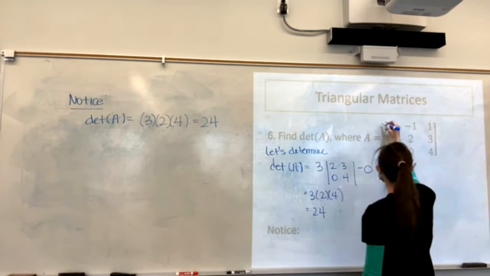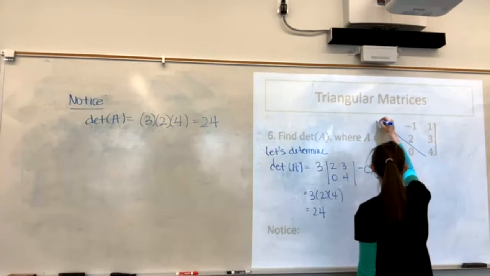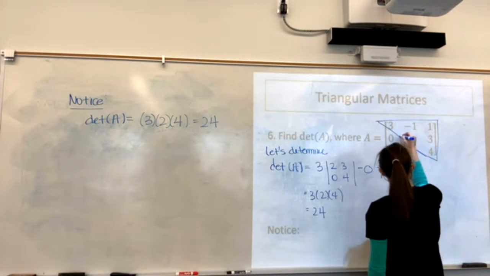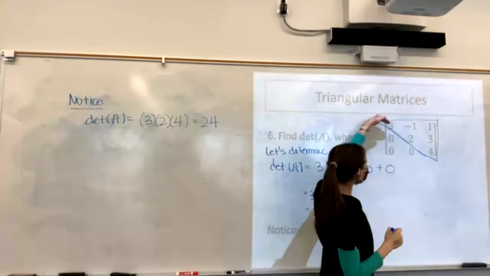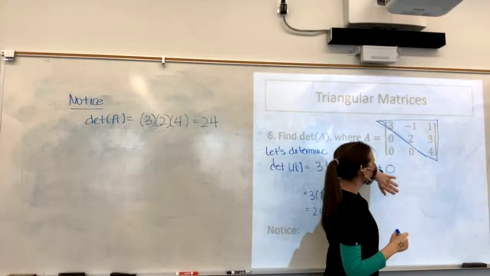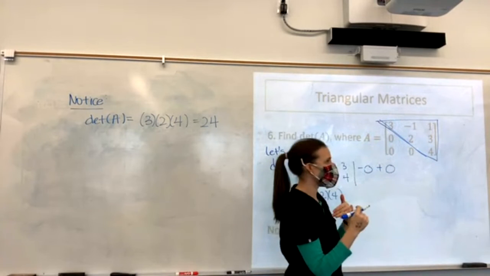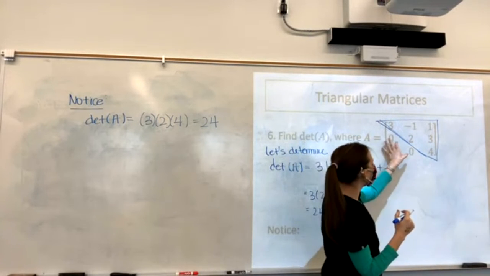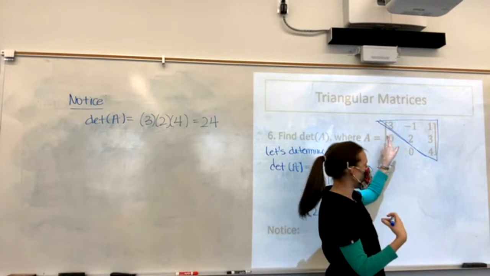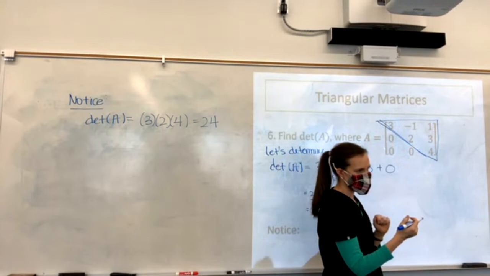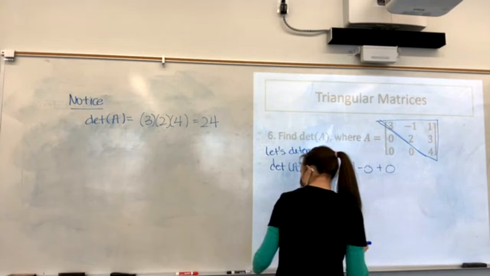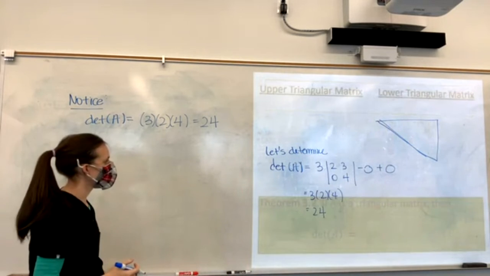But what that means is, in an upper triangular matrix, every entry below the main diagonal just consists of zeros. Okay? Let me give you a more formal definition here.